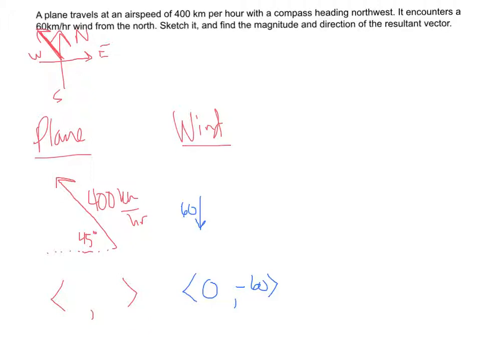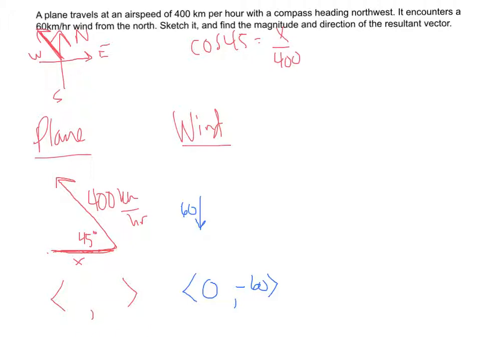So to find the x component of the plane, the x side is the adjacent side, the 400 is the hypotenuse. So we're going to do cosine of 45 equals x over 400.